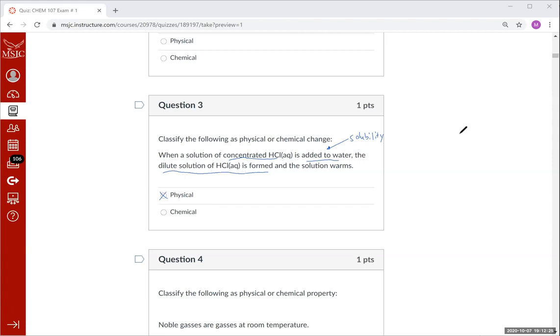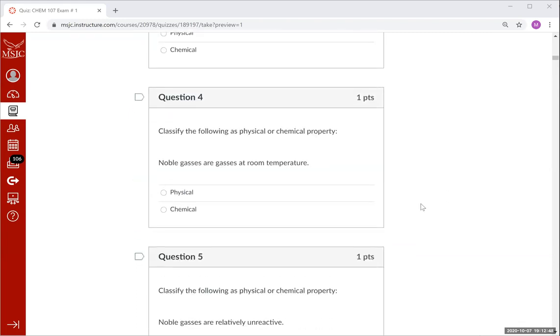And if you look at the formula, it doesn't change. Does that make sense? Yes. For a physical change, the chemical formula and chemical composition does not change.